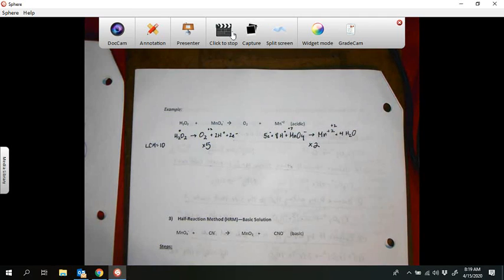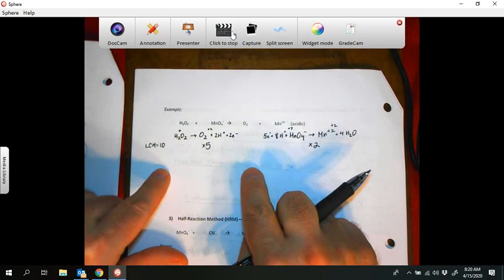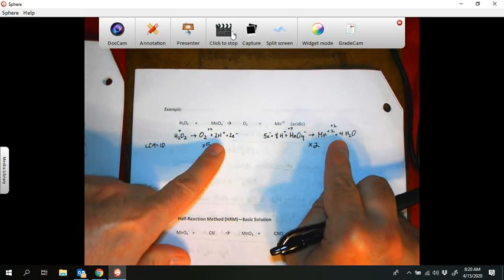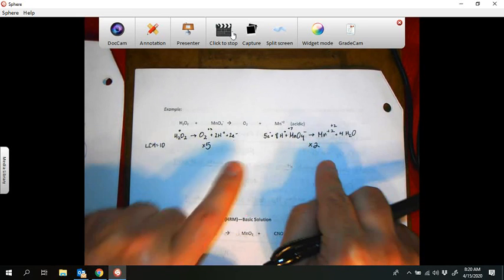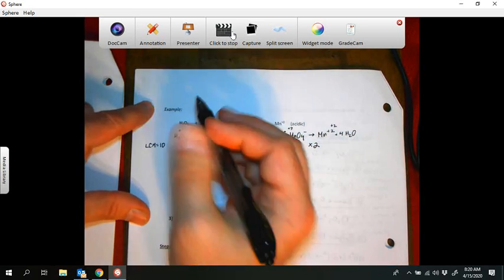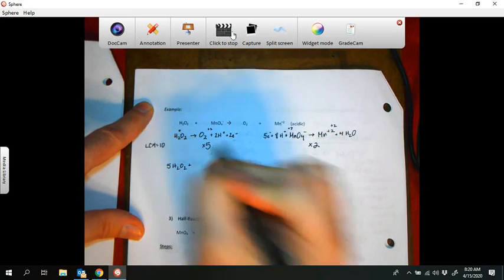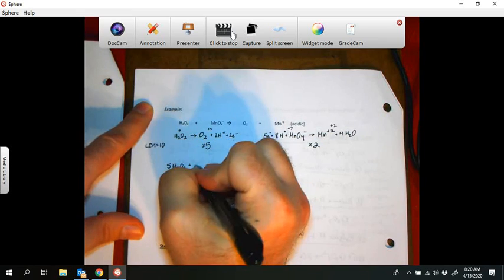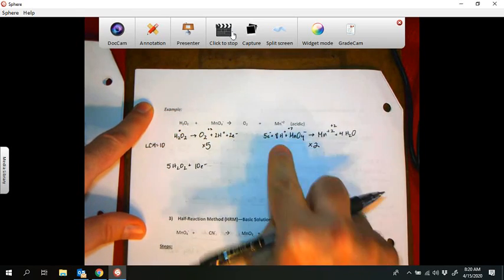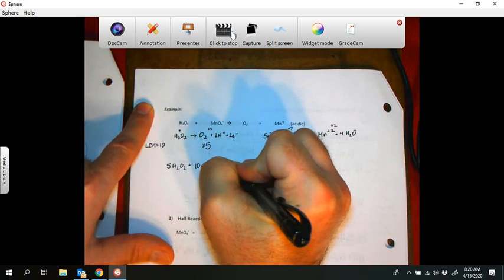So now when I combine and cancel, I take the reactant side from both half reactions and put them together. And then I do the product side and put them together, but I have to remember to multiply all the coefficients by these numbers. So I'm going to end up with 5 H2O2 plus 10 electrons, 2 times 8 is 16 H plus, and 2 MnO4 minus.